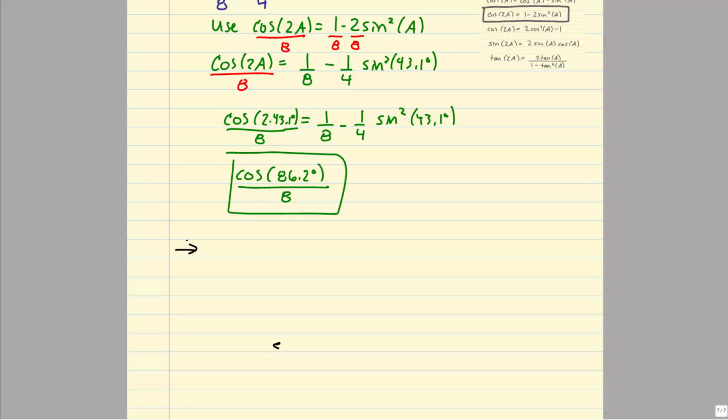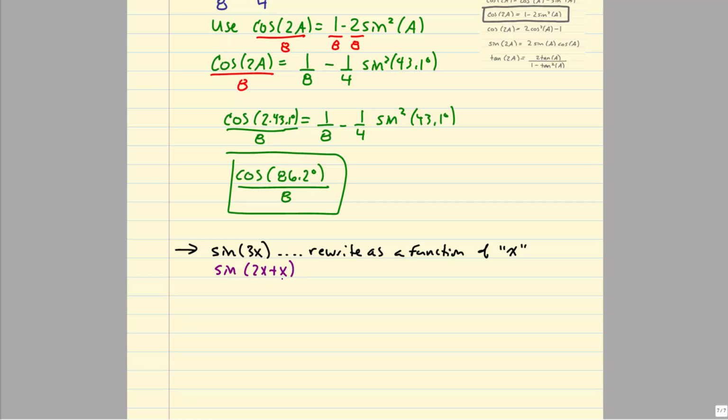Let's look at another example. This one, we're just going to rewrite this. And we want to rewrite this as a function of x. So I don't want a 3x or a 2x, I just want an x. So first of all, I notice that I could rewrite this as 2x plus x, and this would be the sine of a sum of angles.